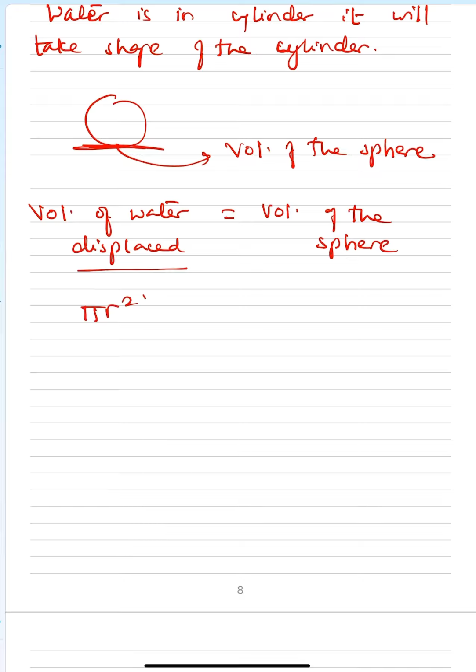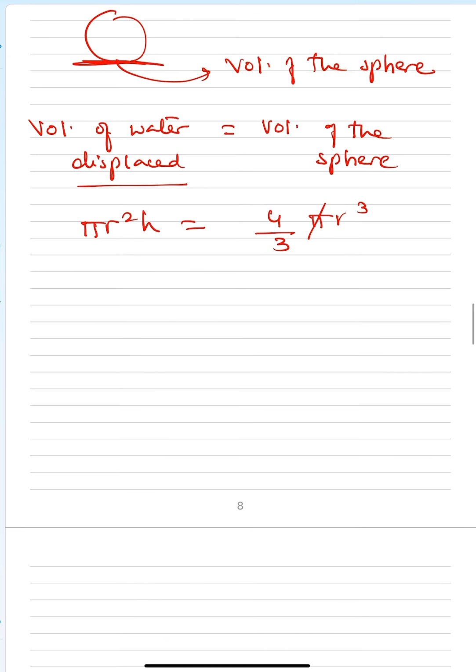So pi r square h is equal to, what is the volume of the sphere? We all know it is 4 upon 3 pi r cube. Here this pi and this pi, we can cancel it out because it has the same value. Do not cancel the r, okay, because it has got different values.